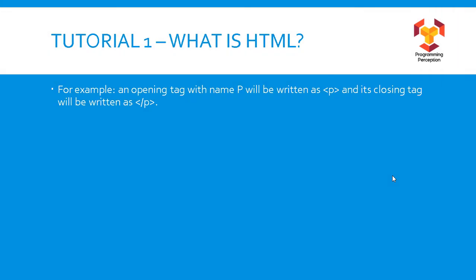For example, an opening tag with the name P will be written with less than and greater than symbols with P placed between them, and a closing tag is exactly the same as the opening tag, but there is a forward slash also in the closing one. So the opening tag and closing tag look almost the same, except the forward slash is present in the closing tag.